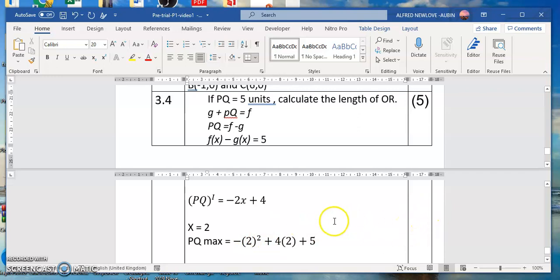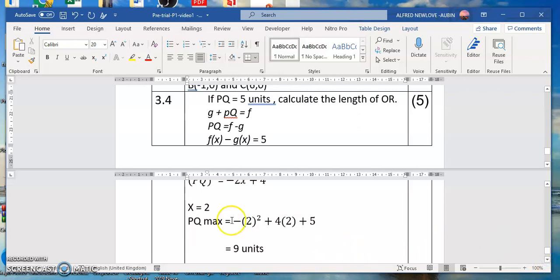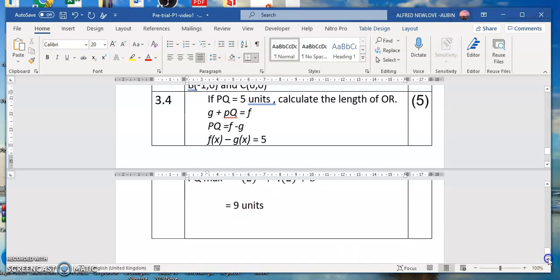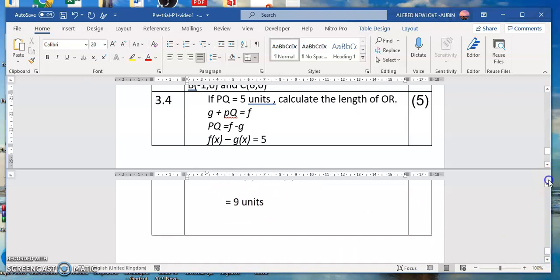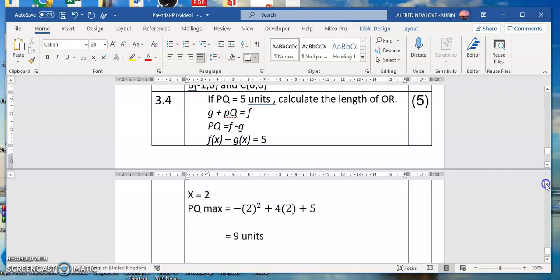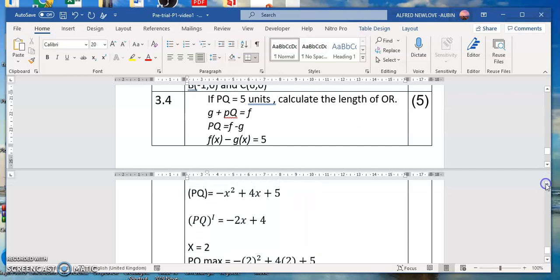So if you substitute this 2 into that, you are going to get this one. The question is, how did we get that one? Okay, if you substitute, you are going to get what? 9 units.